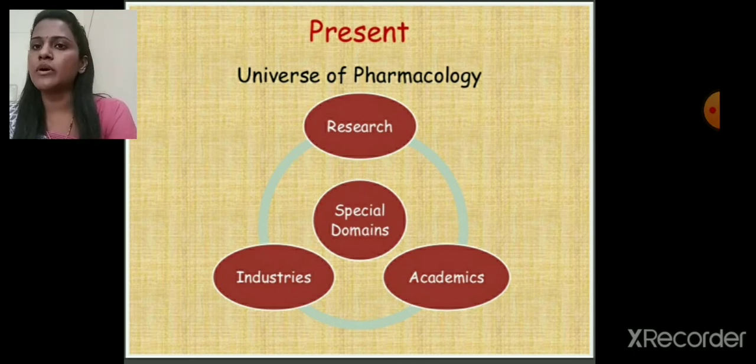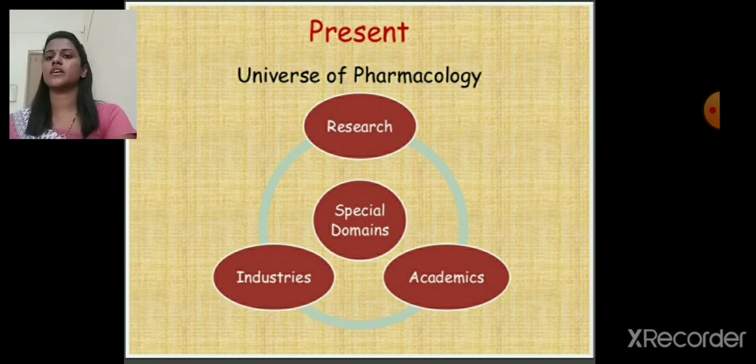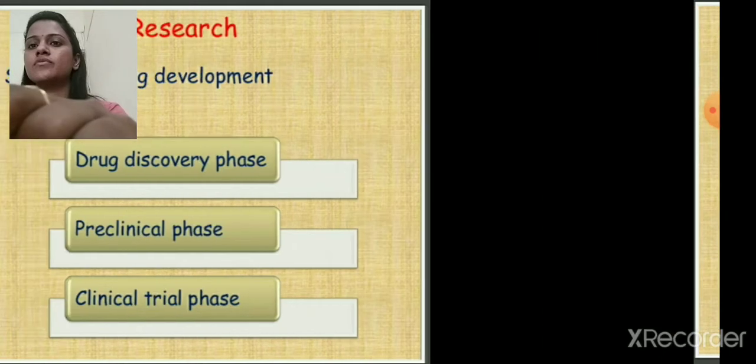Now the pharmacology is widely distributed in the three main domains. First domain is the research, second one is the industry, third one is the academics. Now first we'll see the research.